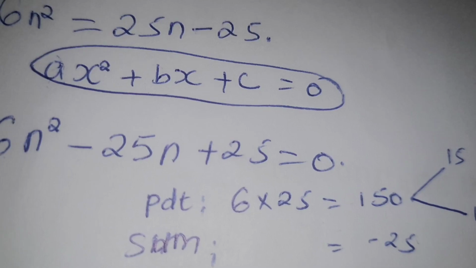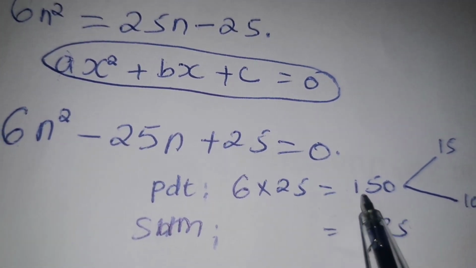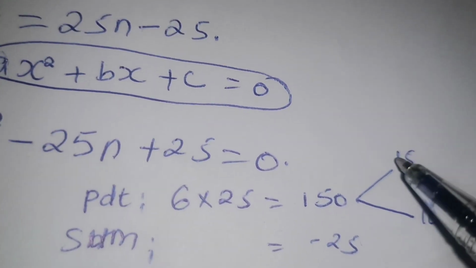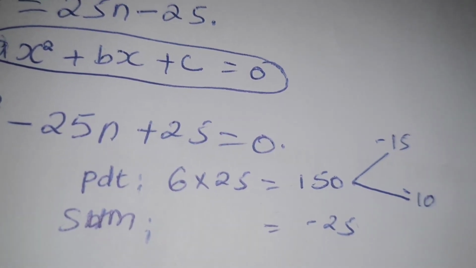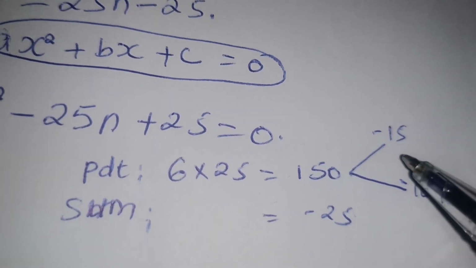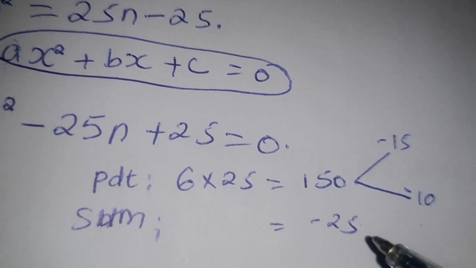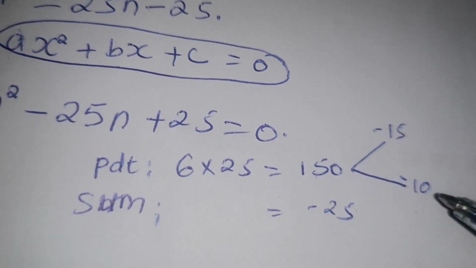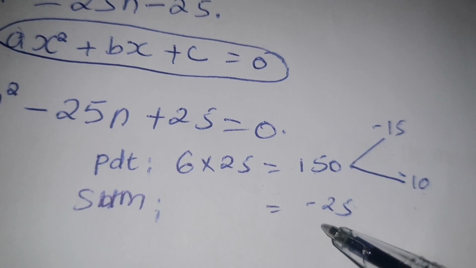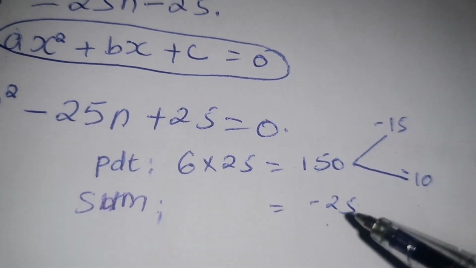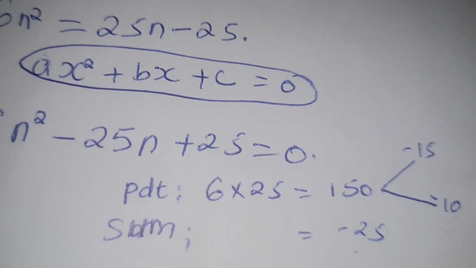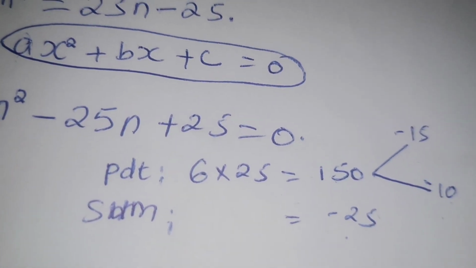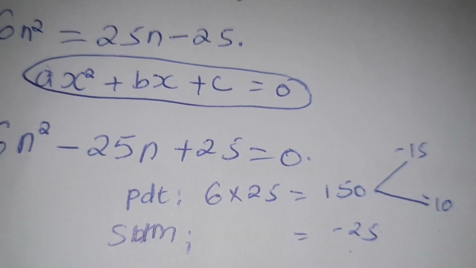But you remember that our sum is negative and our product is positive. So what does that tell us? That both our factors are negative. So negative 15 times negative 10 gives us positive 150, and if you add negative 15 and negative 10, you get negative 25. So you replace the bx, that is our negative 25, with negative 15 and negative 10.